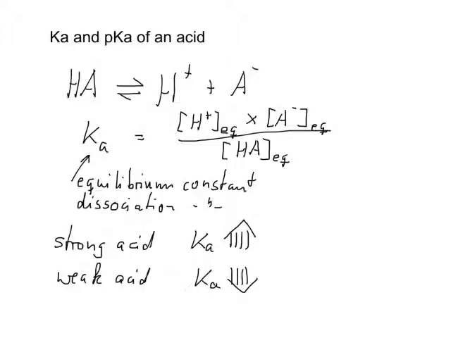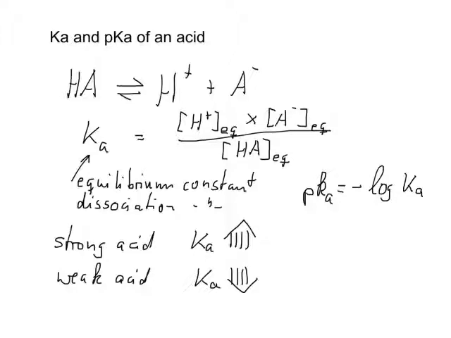Now, very often people don't really like to work with Kas in that form. So therefore, they come up with this different writing, and a definition for that is pKa is the negative log to the basis of 10 of Ka.